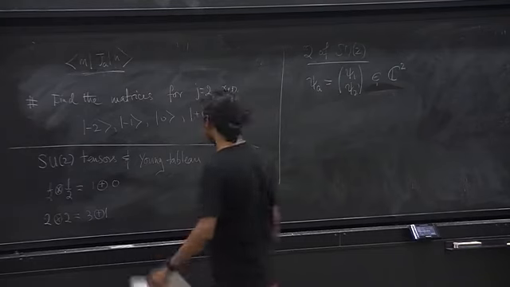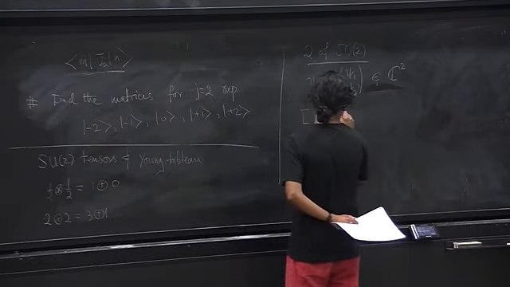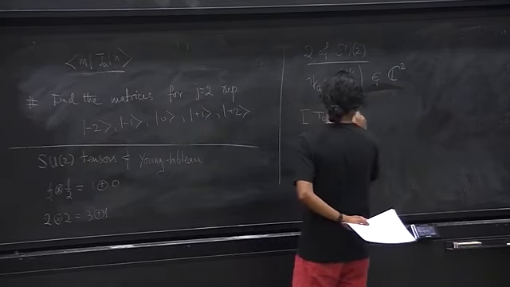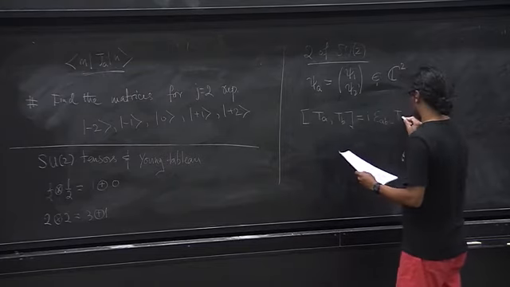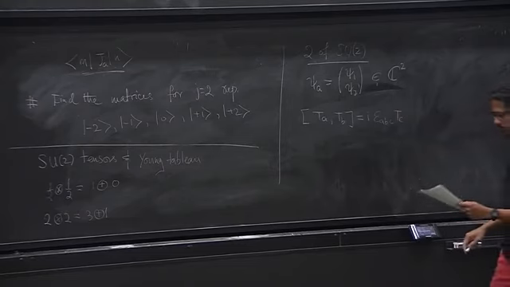Now, notice that if you have a Lie algebra, so for our case, I'm writing it in a basis where these are Hermitian and these are real.